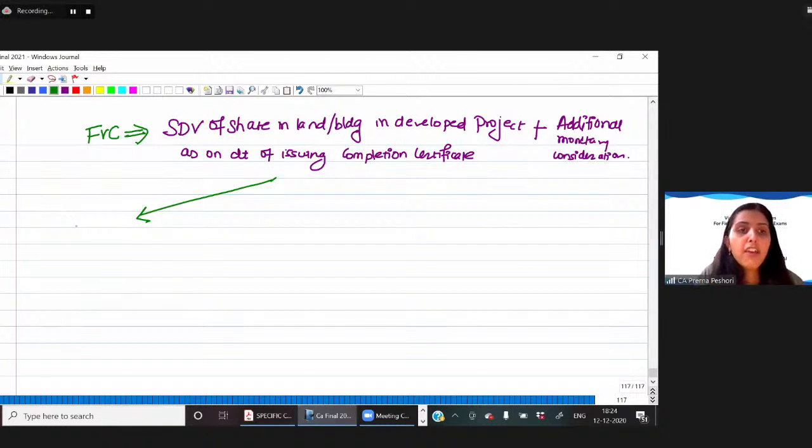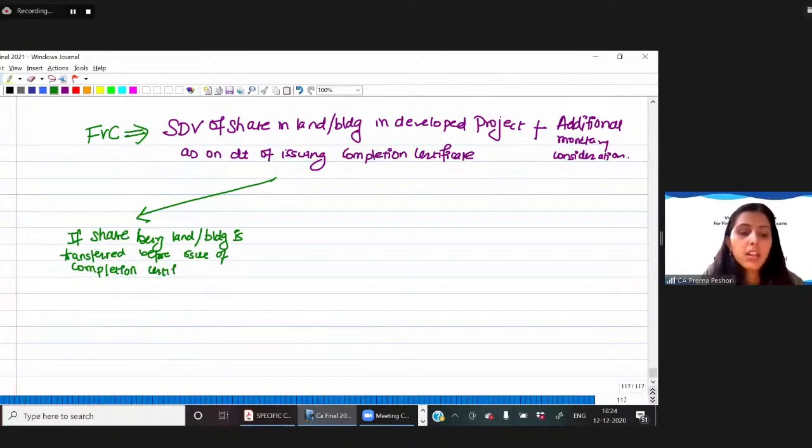So, if the share in land or building is transferred before issue of completion certificate, then the taxability will be how?